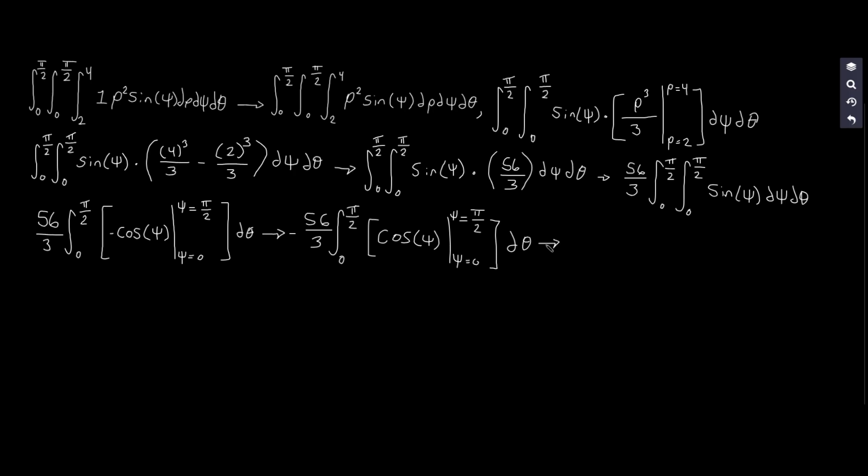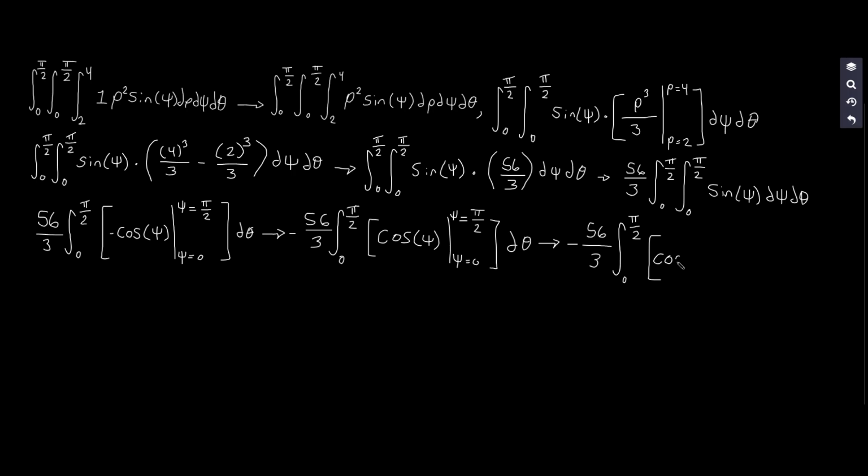Well, all we really need to do is just plug in our bounds. It's relatively straightforward. So that's going to be negative 56 over 3 times the definite integral from 0 to pi over 2. And we're just going to apply the fundamental theorem of calculus part 2.